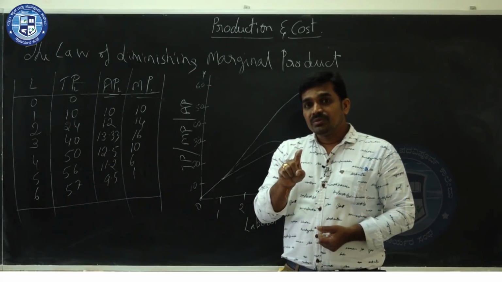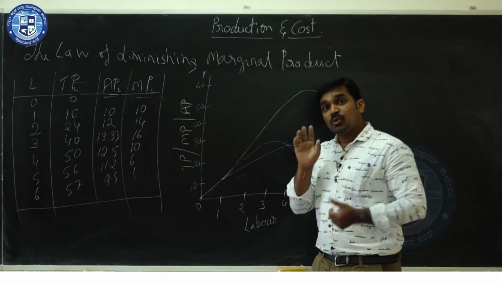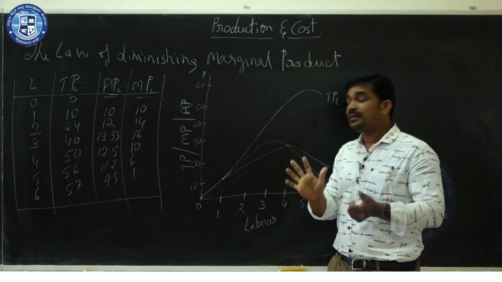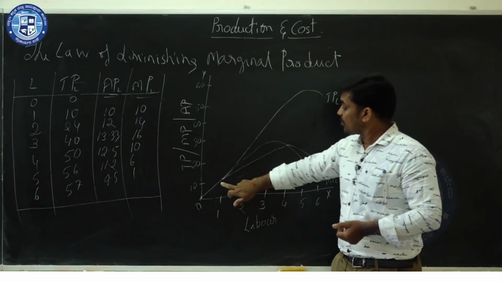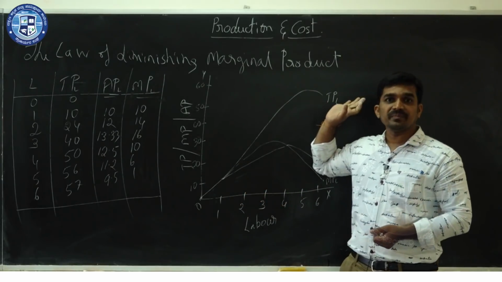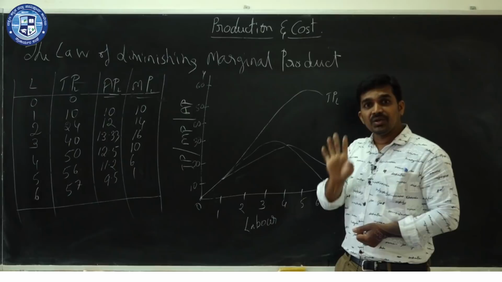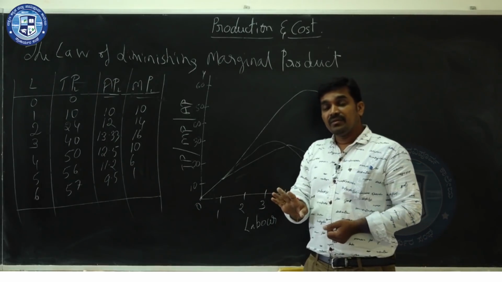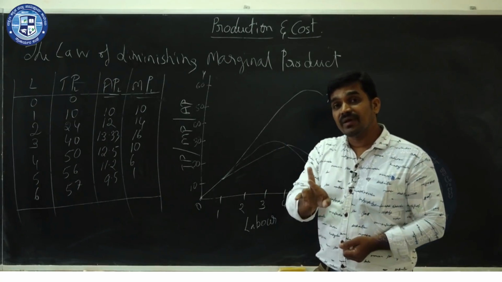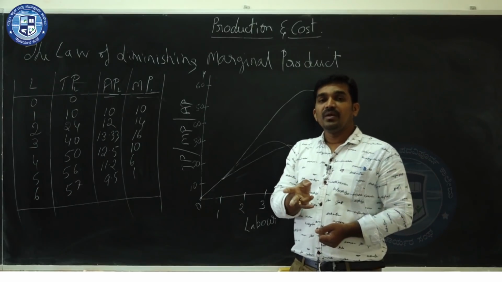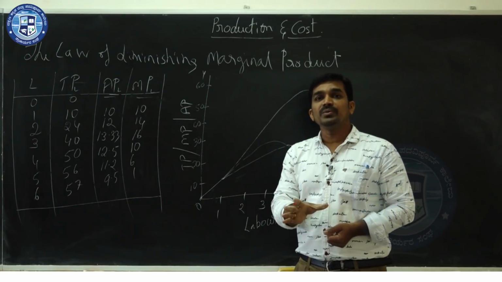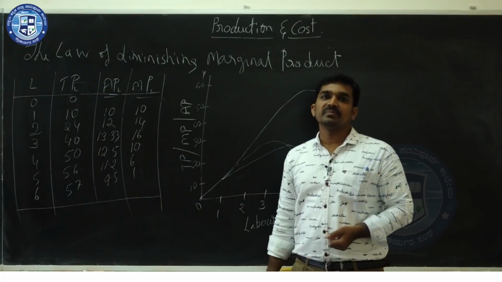Up to when marginal product's value is positive, total product is continuously increasing. When marginal product is 0, total product is maximum.